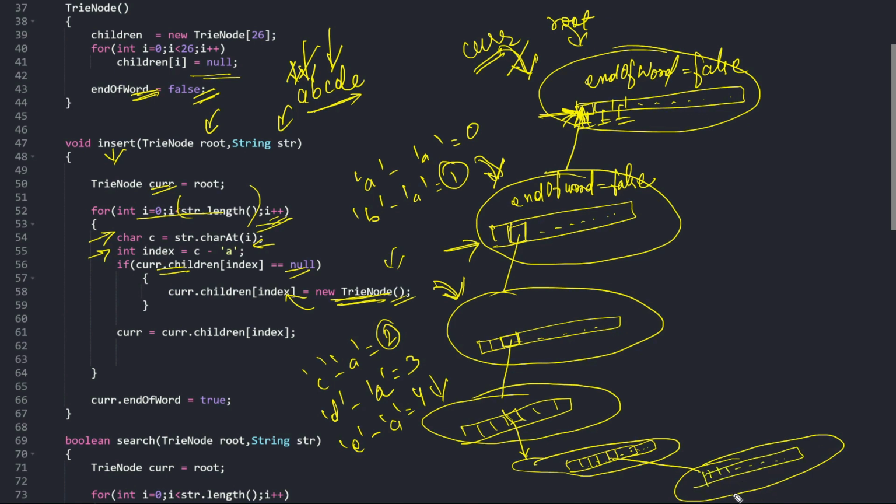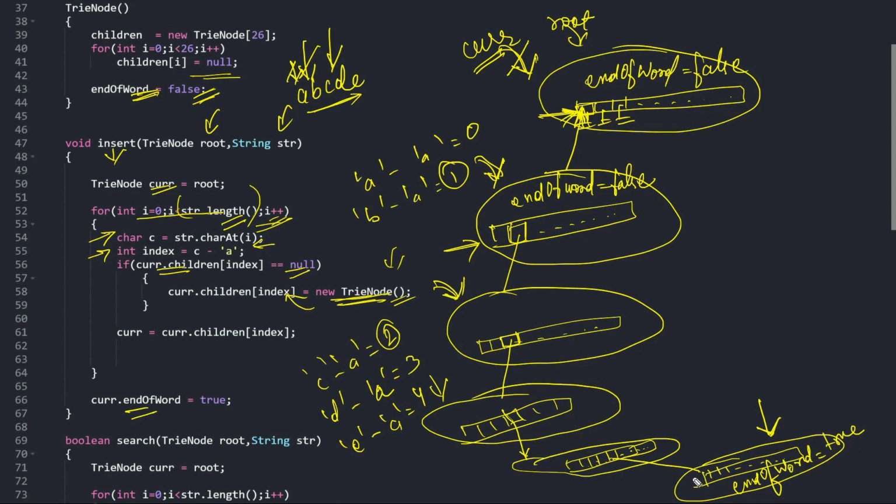And finally over here, after you have created that, you will exit out of this for loop because your string length has ended, and your cur right now points to this node, right? Great. So if it is pointing to this node, you will mark your end of word to be true. So over here for the node E, this is intuition.